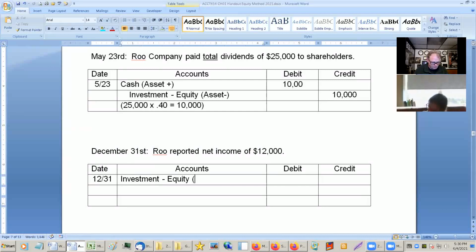And then your income would go up by 4,800. That's what I wrote. And then, so that would be, let's see.